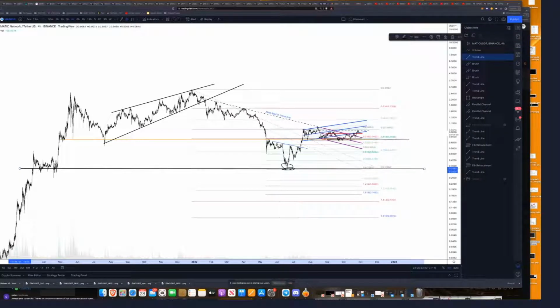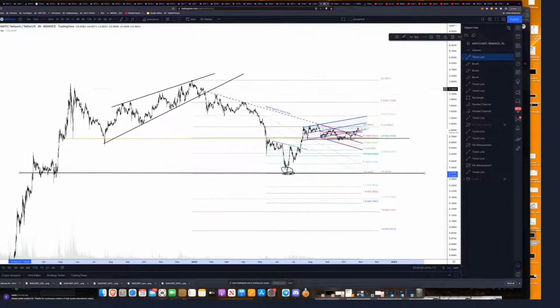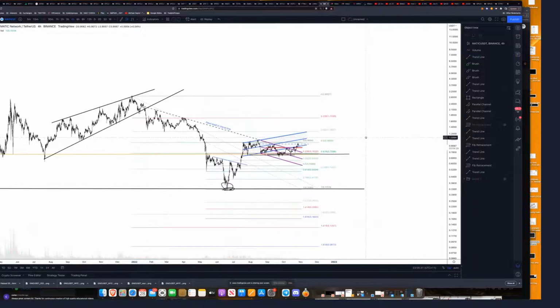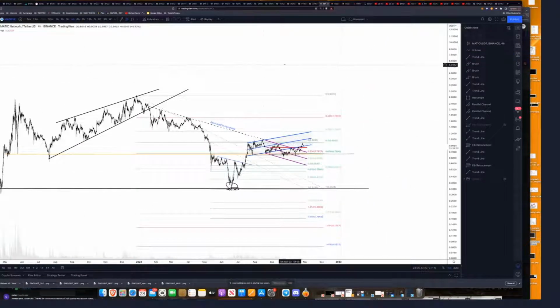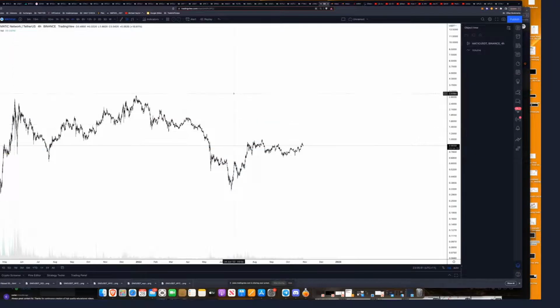VeChain and Link. All right, $3 Link. Oh, long term wise, definitely. Yeah, right here. Let's have a look at Link from the weekly.